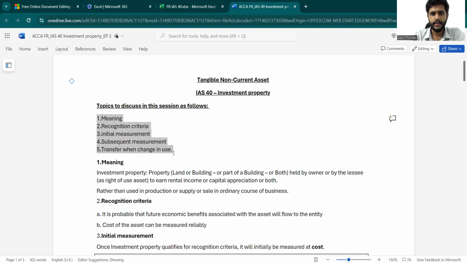The business can change the use of this asset at their discretion based on their usage. In such cases, the measurement or the recognition of the asset in the books of account also changes. So that we will see in the last topic.